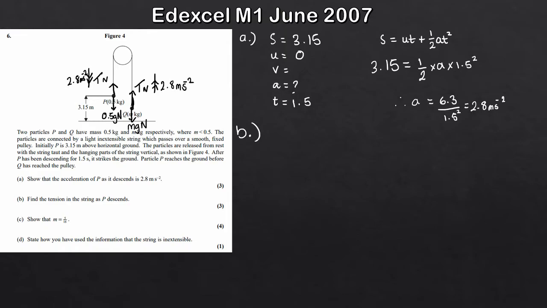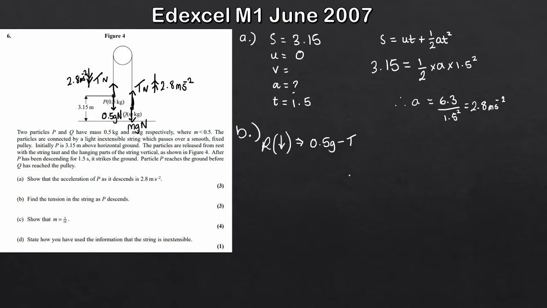So we want to find the tension in the string as P descends. So I'm just going to resolve here for P. And again, I'm doing it in the way of motion. So as P is descending, I'm going to resolve in the same motion. So what would that give us? Well, that's going to give us 0.5g minus the tension T.